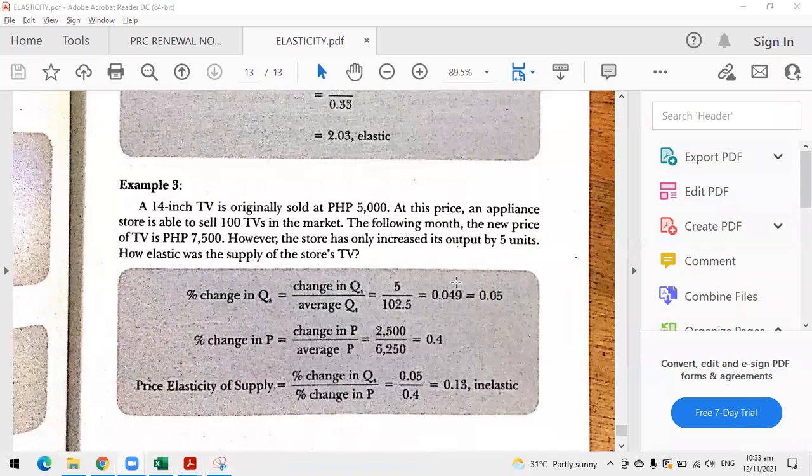Hindi na natin papakita kasi nandito naman na yung computation. Last na kasi overtime na.